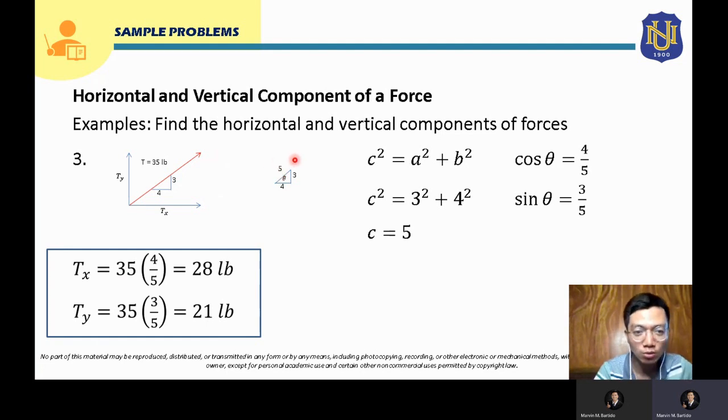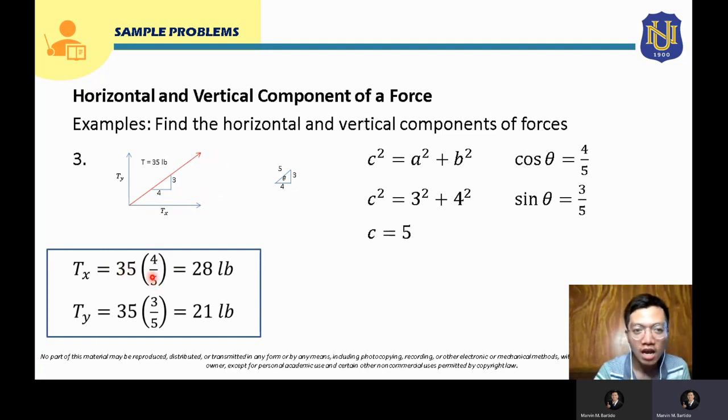After solving for the hypotenuse, if you are solving for Tx, that will just be equal to T times the side that is parallel to the component that you are looking for. Since you are looking for Tx, the parallel side in the slope triangle is this side, so that will just be 4 over the hypotenuse, which is 5. That will be 35 times 4 over 5.